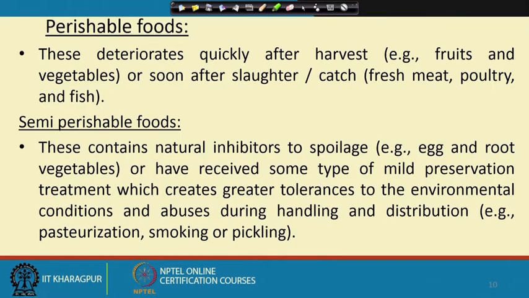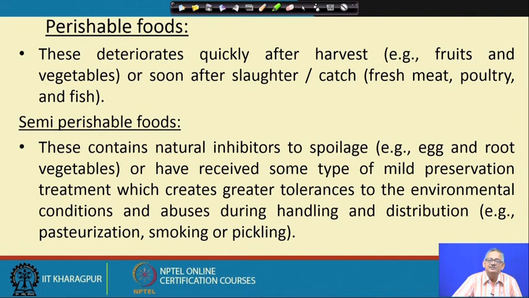Then we come for understanding some of the terminologies which are normally used. We call that this food has become perished or it is perishable. Right? What does it mean?